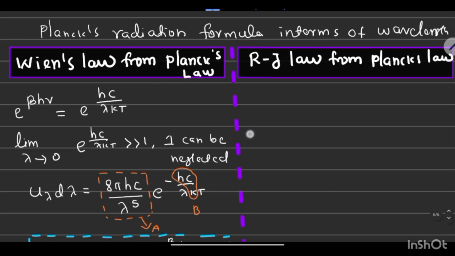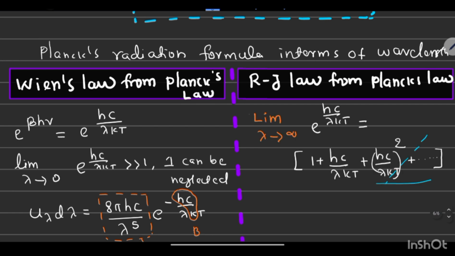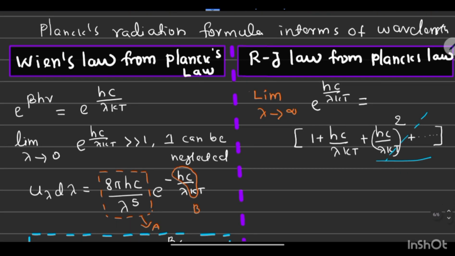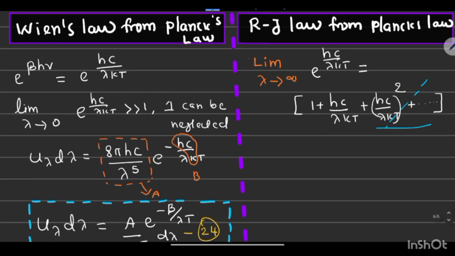Similarly, in the high wavelength limit, this Planck's radiation formula will converge to Rayleigh-Jeans formula in the following way.